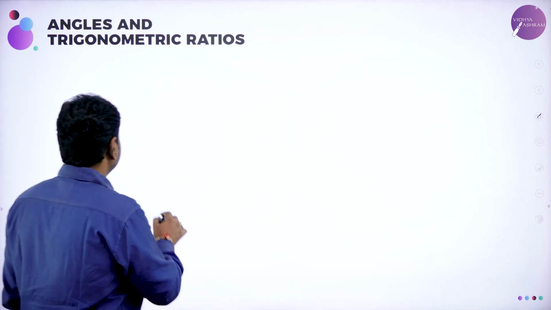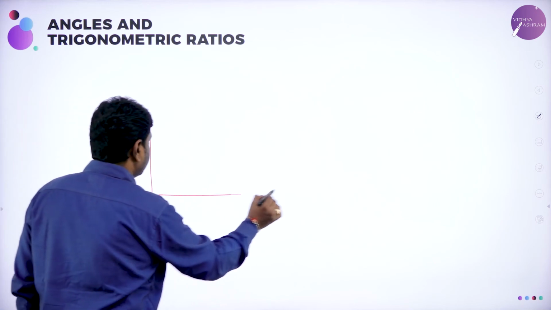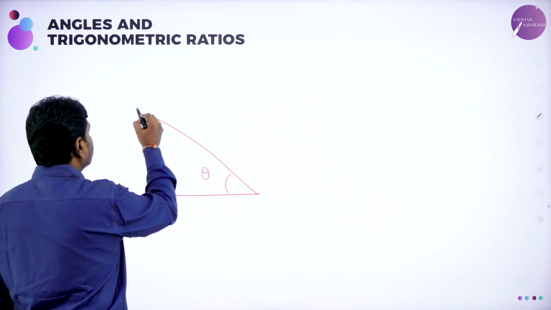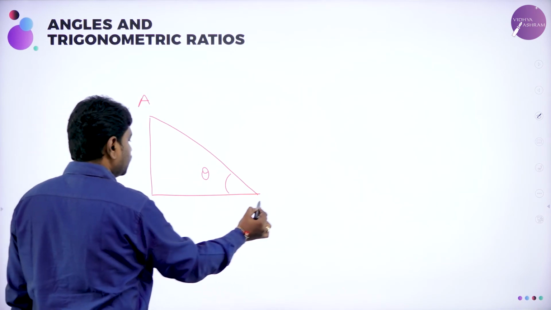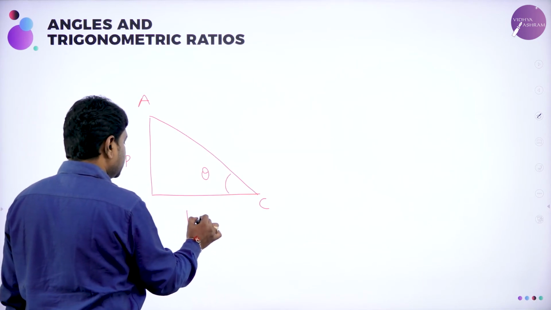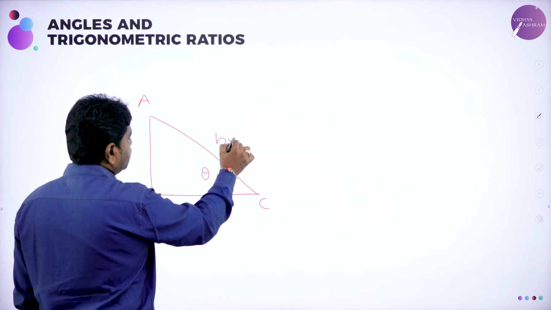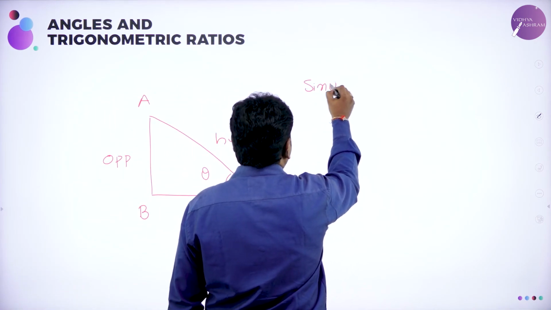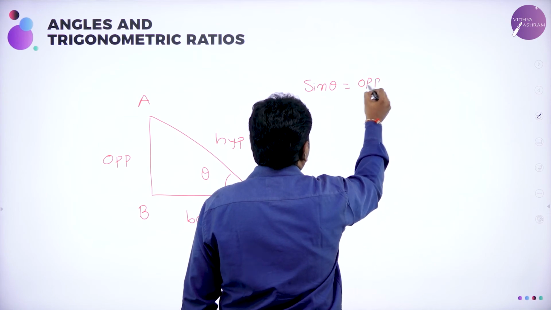So in today's session, to solve the problems of basics, you should know the definition of trigonometric functions. If this is theta, if this is ABC, opposite to theta we call it the opposite side, and we call this the base, and we call this the hypotenuse. Now the trigonometric function definitions. Sin theta. What is sin theta, dear students? Opposite side by hypotenuse.